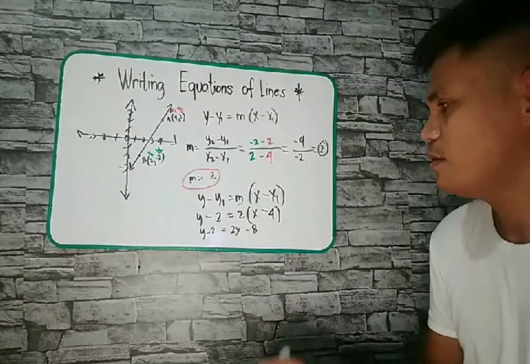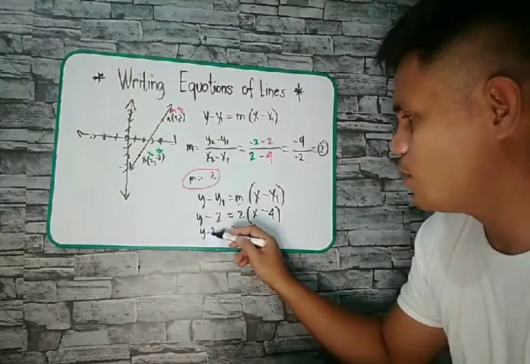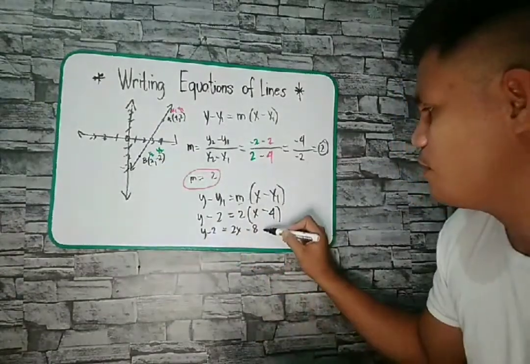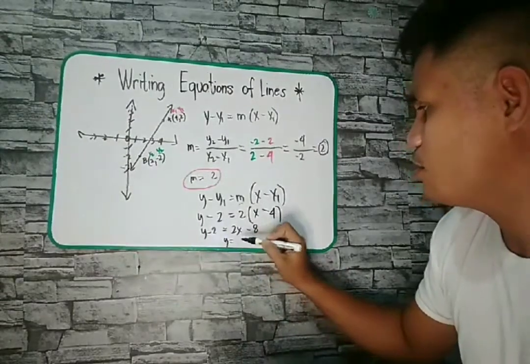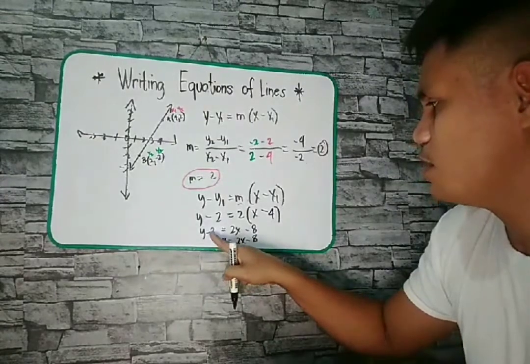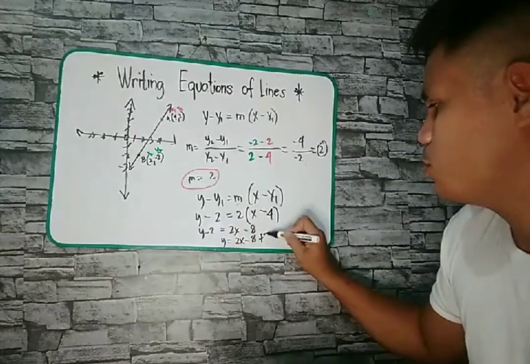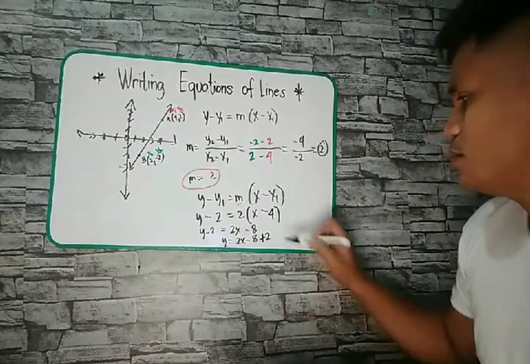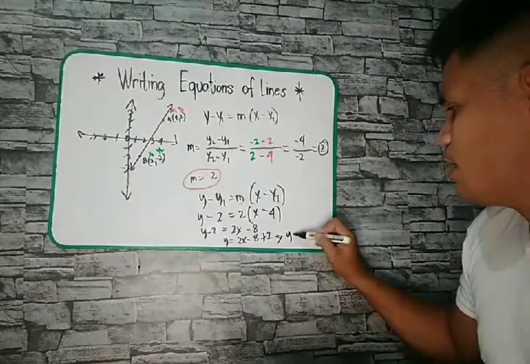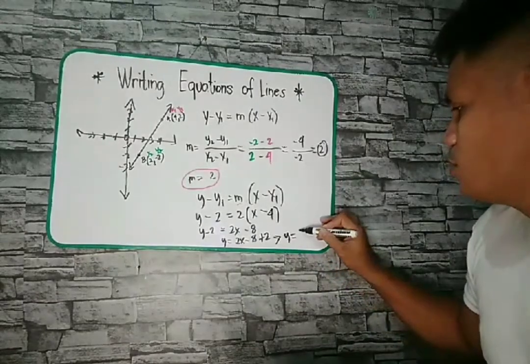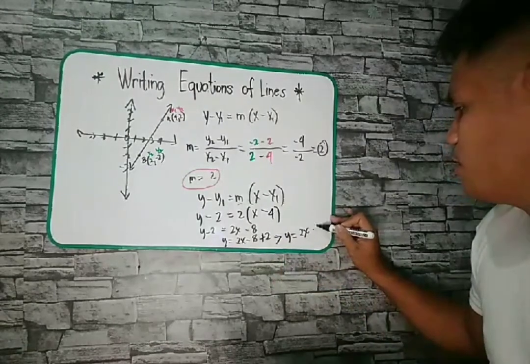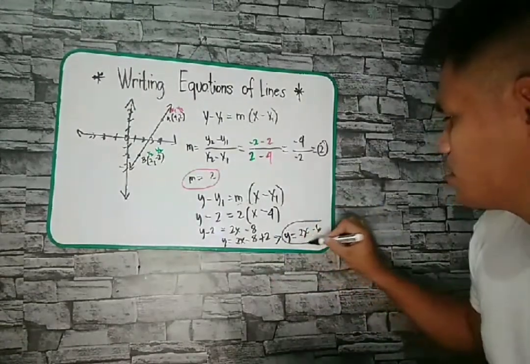Okay, and then we can transpose negative 2 to the right side, and that will give you y is equal to 2x minus 8. Since this is negative, it will become positive 2. So for the final answer, y is equal to 2x, negative 8 plus 2 will give you negative 6.